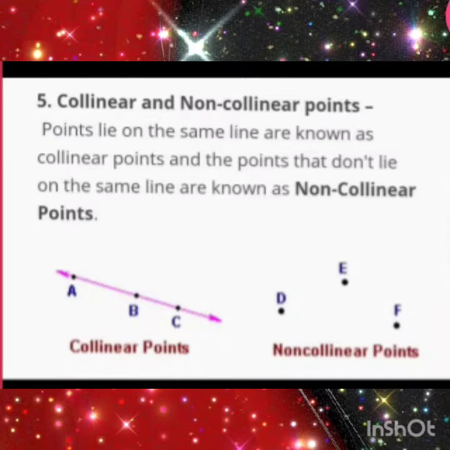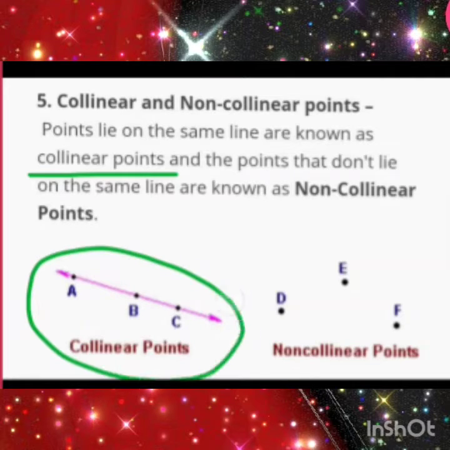My dear student, the next topic which I have adopted here is collinear and non-collinear points. Okay dear, you can see here that points which lie on the same line are known as collinear points. Got it? Easy.